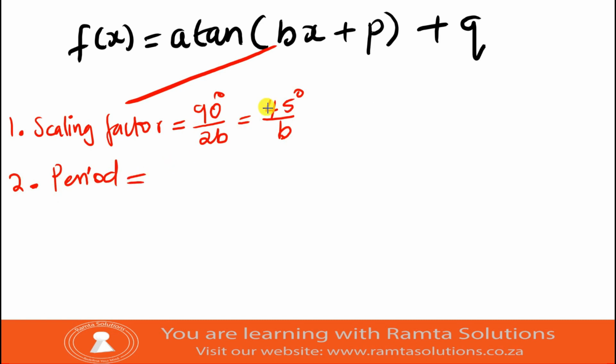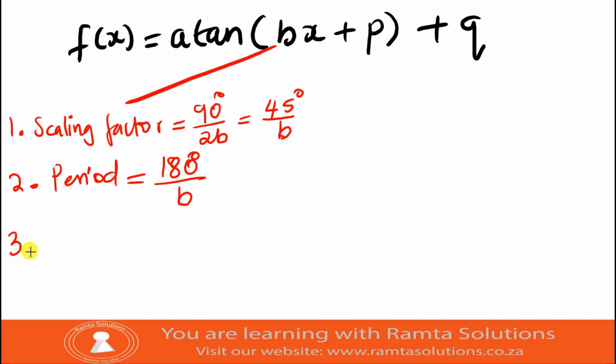When you were doing sine and cosine graphs, your period was 360 divided by b. But this time around, it is 180 divided by b. You will see later that this tells you when you get asymptotes.